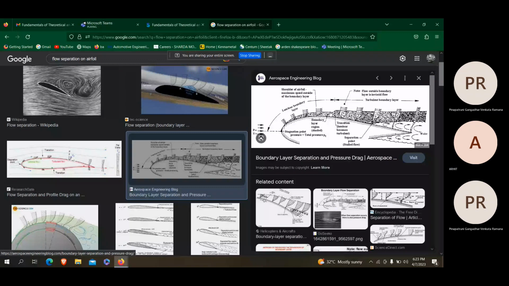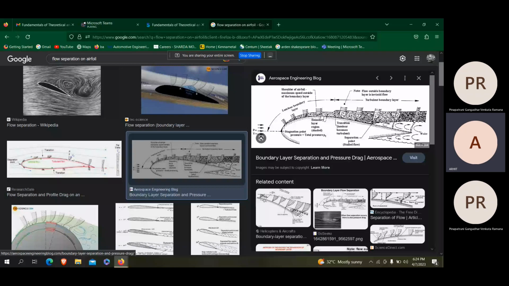But here, they have removed the static port from the pitot tube and kept it inside the aerofoil itself. Then the pitot tube measures only the stagnation pressure, while the static pressure comes from the wall. Yes, sir, got it. That's how they separated them.